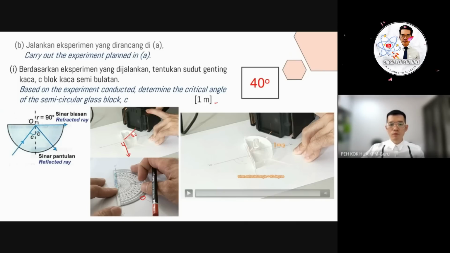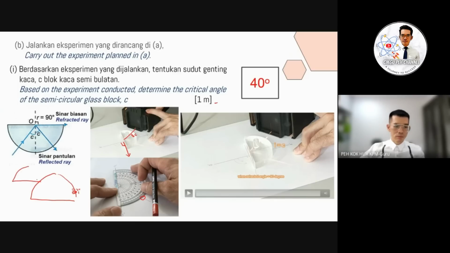The smallest division for the protractor is 1 degree, so from here you can see the smallest deviation is 1 degree.